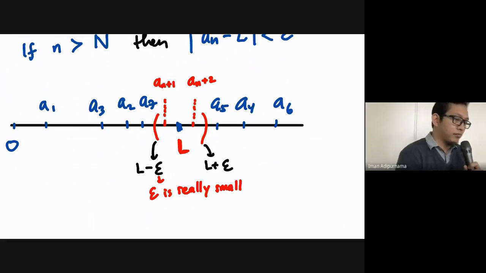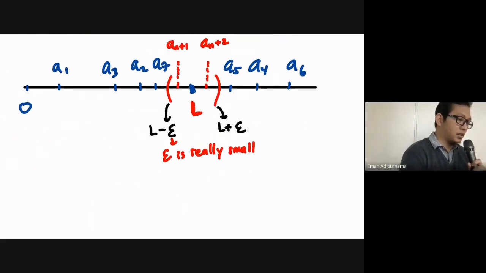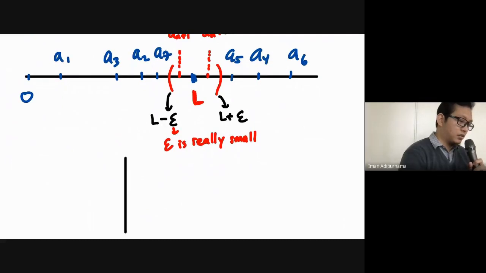You can also plot this. Let's say this is L, this is a_n, and this is n.